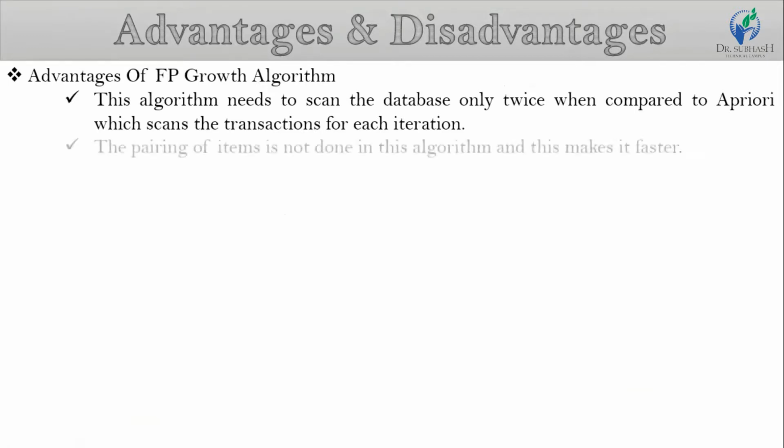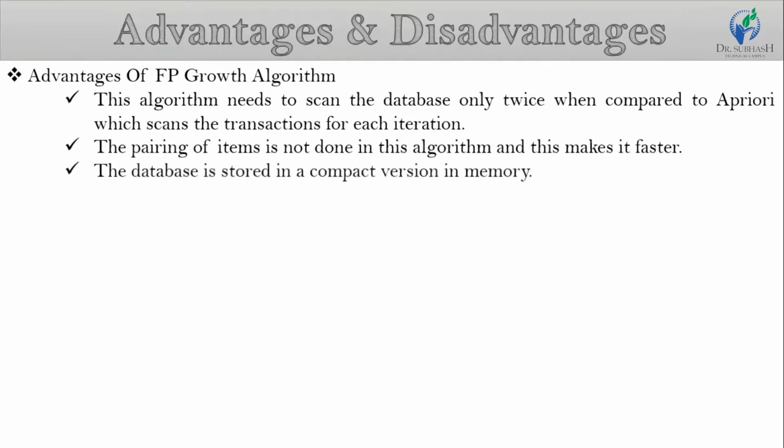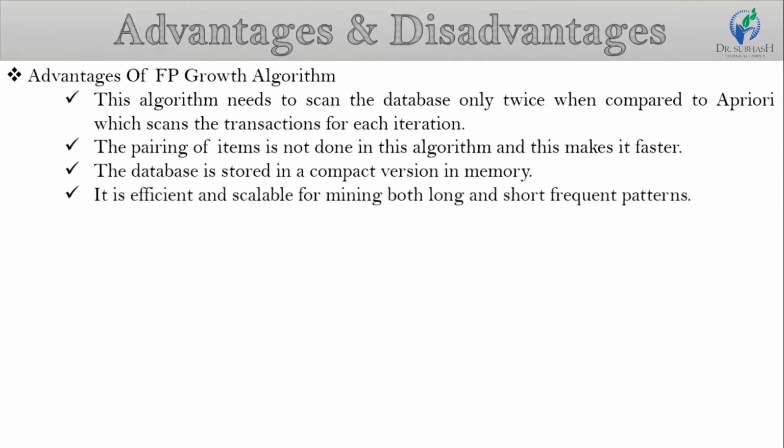Next, the pairing of items is not done in this algorithm, which makes it faster. Next, the database is stored in a compact version in memory. Next, it is efficient and scalable for mining both long and short frequent patterns.